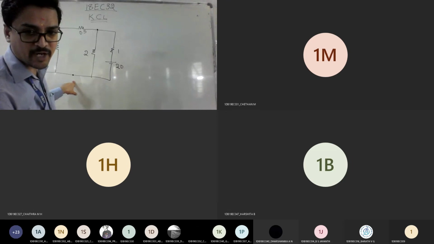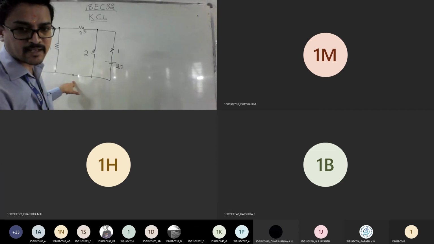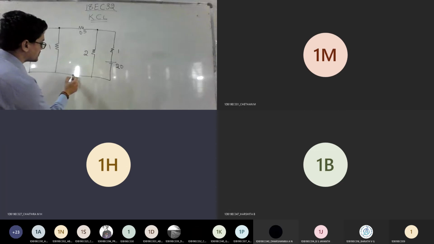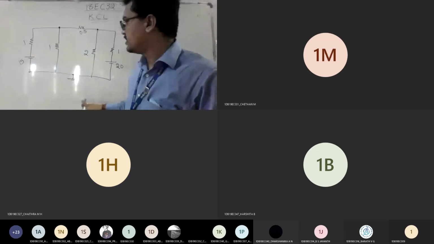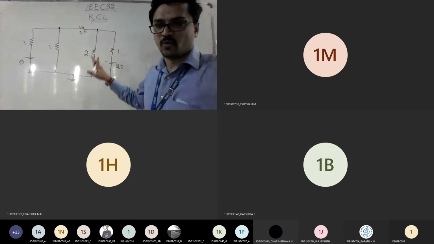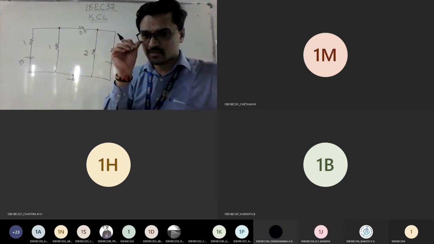Everyone, am I clear on what I told? Can I treat this as a reference node? Yes, sir. So you got the meaning of reference node now. So you can mark it with a ground symbol. I'll repeat. Whenever nodal analysis comes, you need to mark the principal nodes.